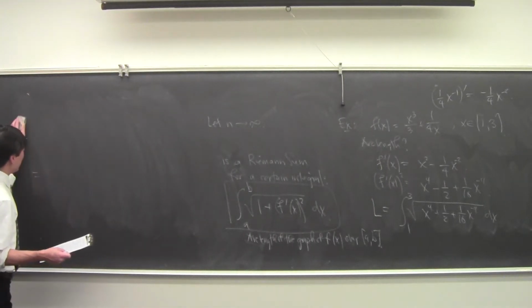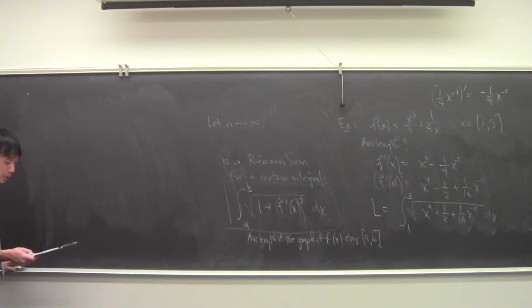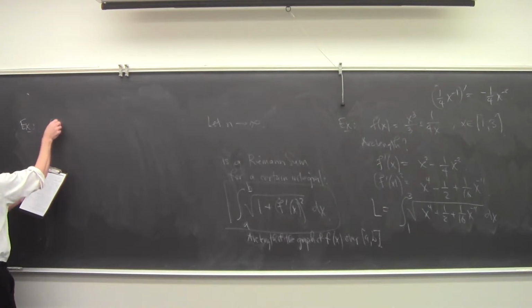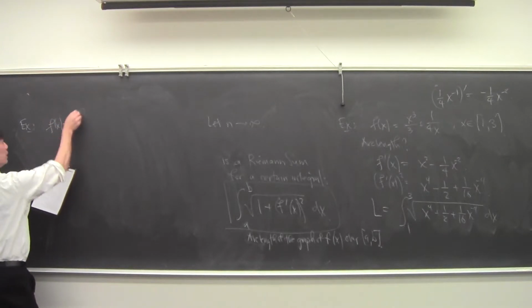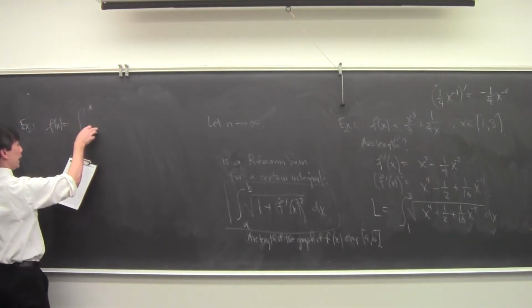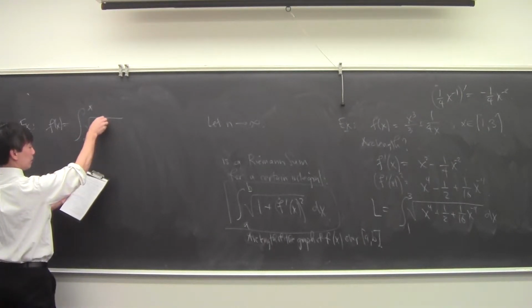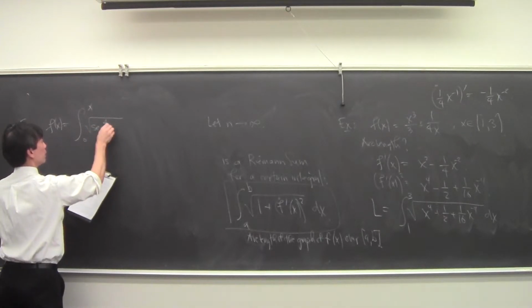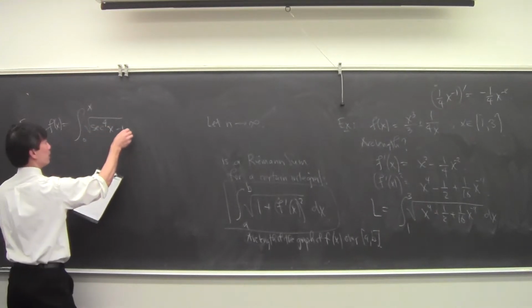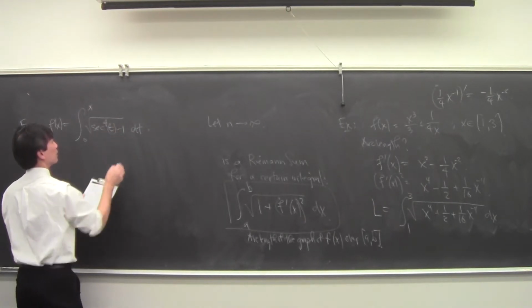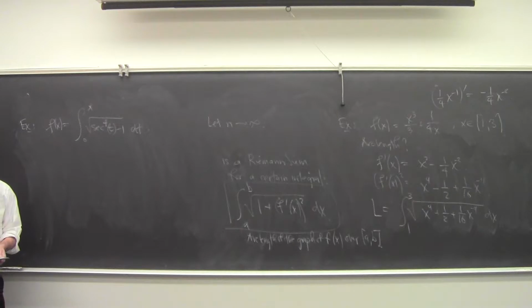Okay. Let me put up one that's maybe more tractable. F of x is the integral from 0 to x of the square root of secant to the 4th t minus 1, dt.